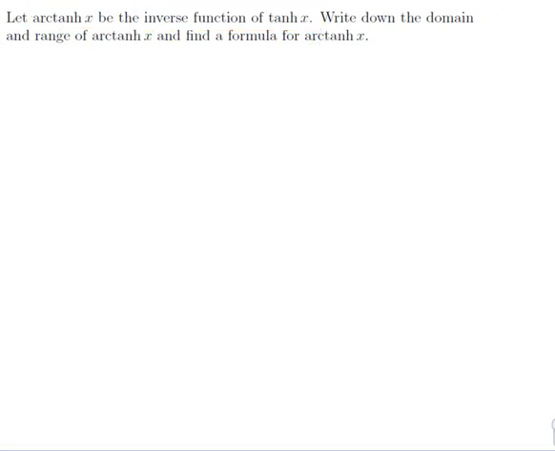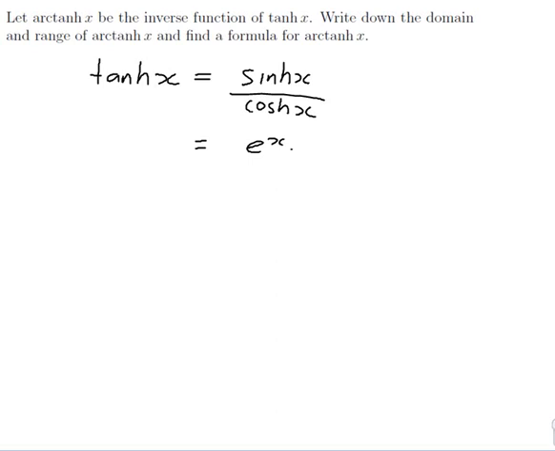So tanh x is, here it is, it's sinh x over cosh x. Well, that kind of makes sense. Tan x is sin x over cos x. Sinh x is e to the x minus e to the minus x over 2.